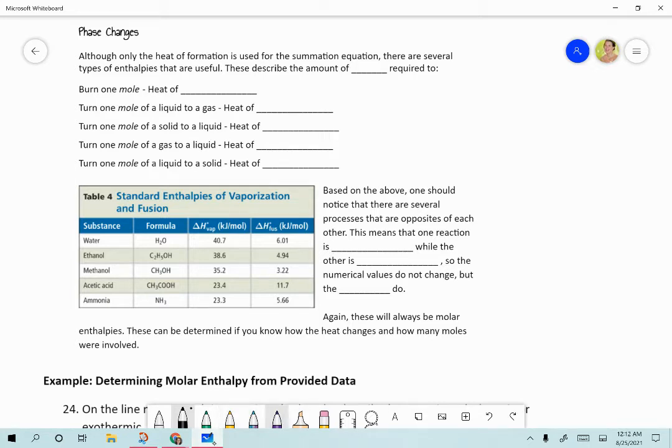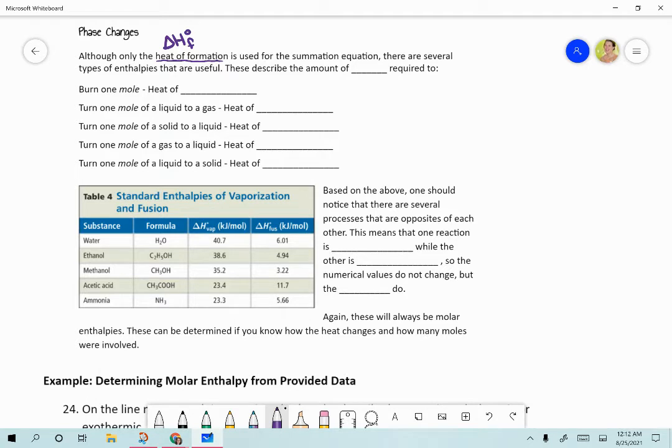Remember it looked like this: delta H, with this little symbol that looks like a degree symbol, but we call that a knot. And then it had a subscript F with it, and that stood for heat of formation. So that's how much our enthalpy is required to change in order to form a compound from its elemental substances.